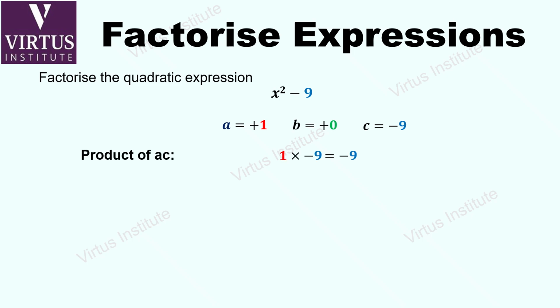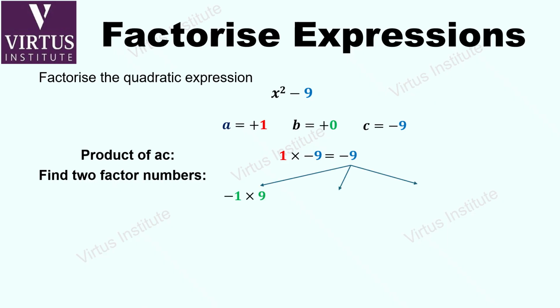Let's look at the factor pairs of minus 9. They are either minus 1 times 9, 1 times minus 9, or minus 3 times 3.